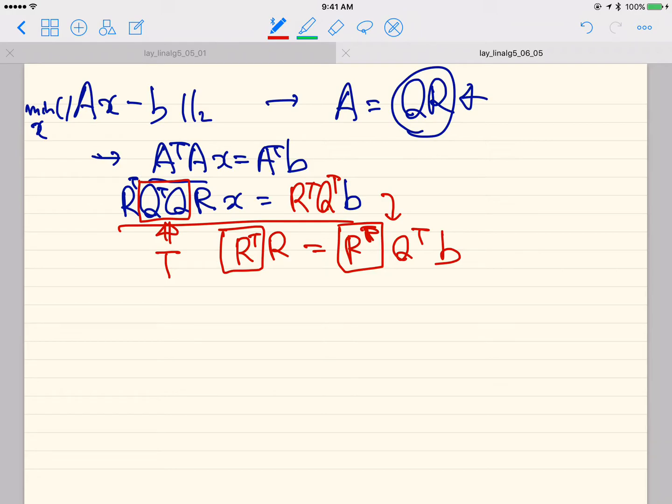First of all, is R transpose a square matrix, or can it be a rectangular matrix? Suppose A was 5 by 3. What is the size of Q? 5 by 3, right? The same size.